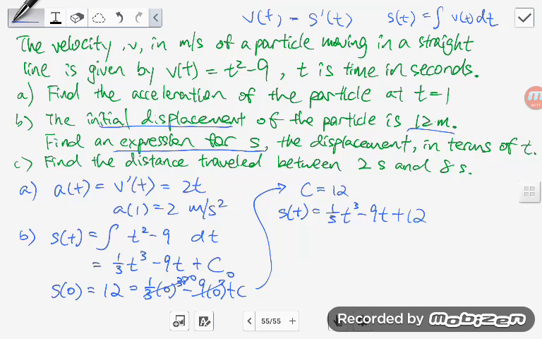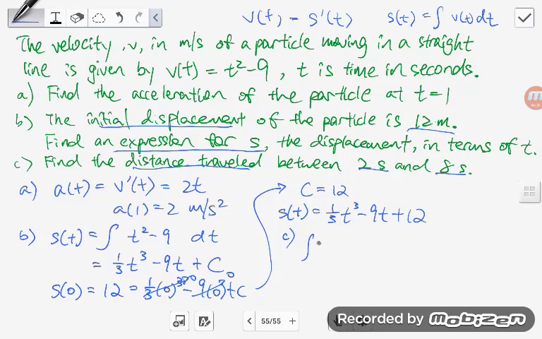But for distance, nothing gets canceled out; everything is positive. So for part C, they want us to find the distance traveled between 2 and 8.